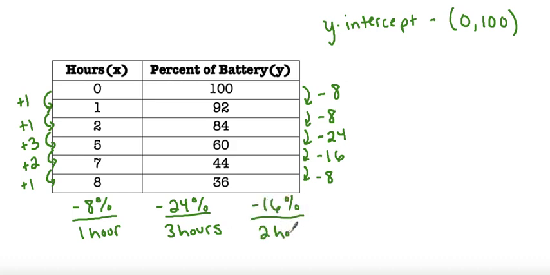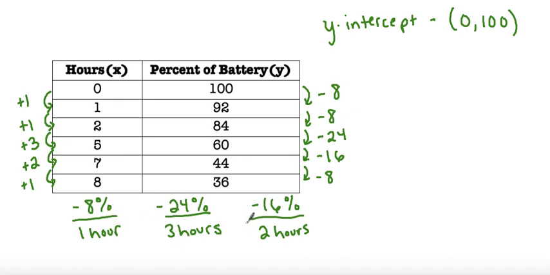And as we could see, even though it doesn't look like our table, our percentage is decreasing by a constant rate, because we lose 8% every hour. We lose 24% in 3 hours, which is the same thing as 8% per hour.